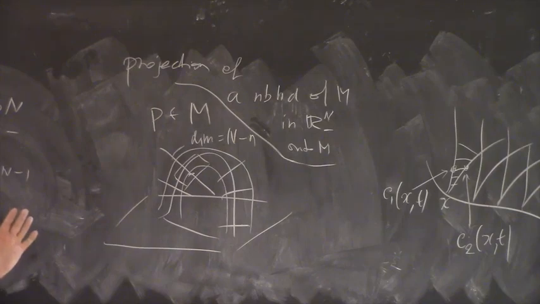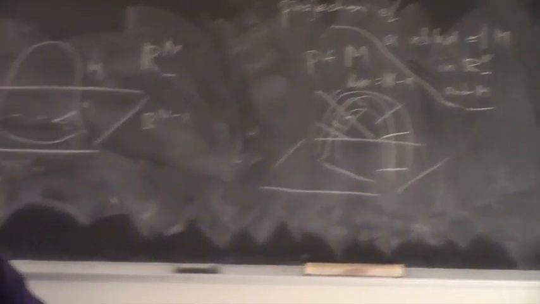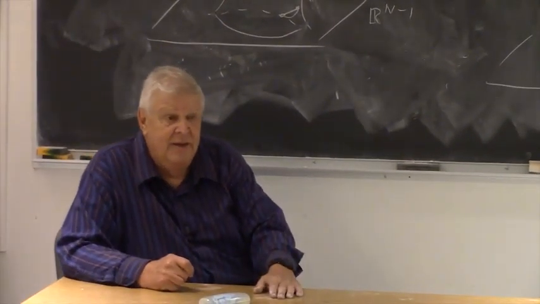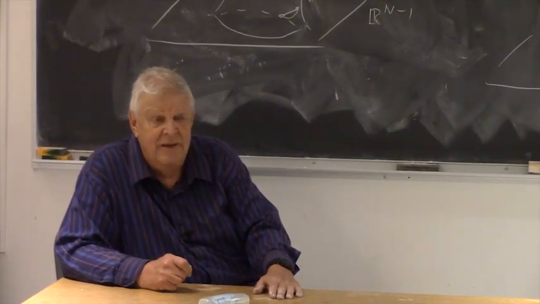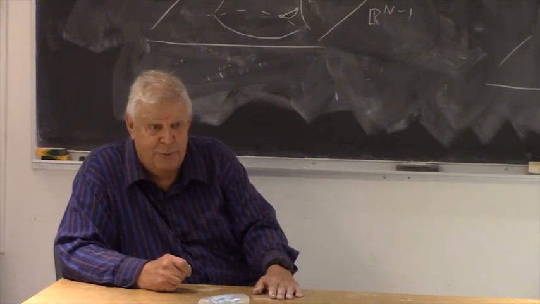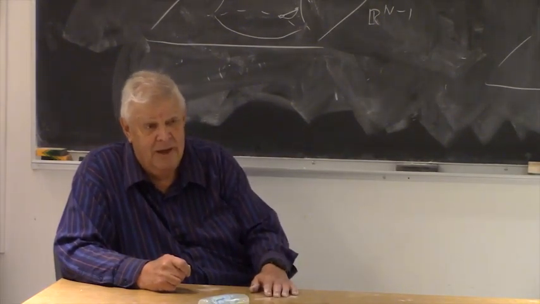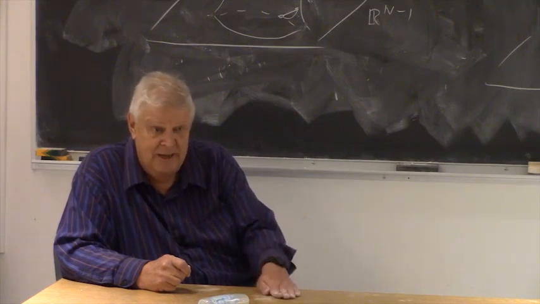But some points around are projected into M. This is precisely what I do. I take now the straight interval joining these two points, and apply the projection to it. And I will get a curve in M. We join these two points. Okay?